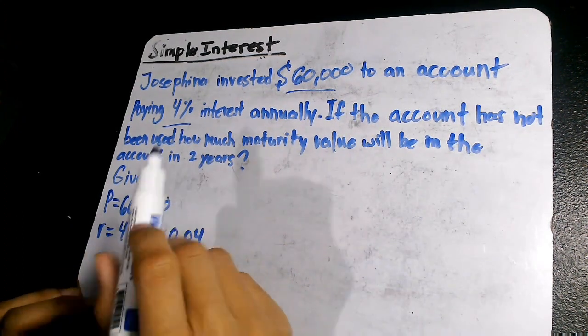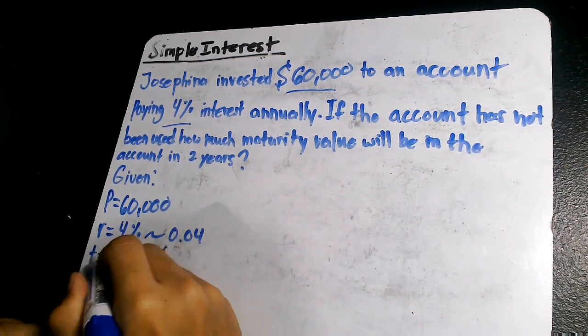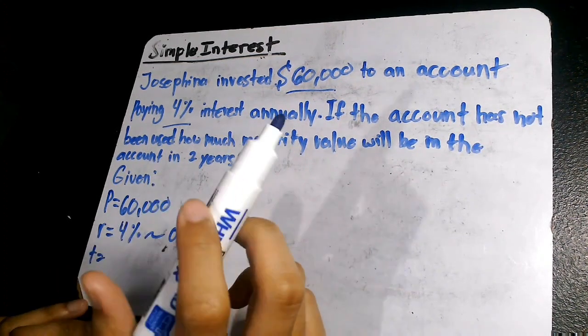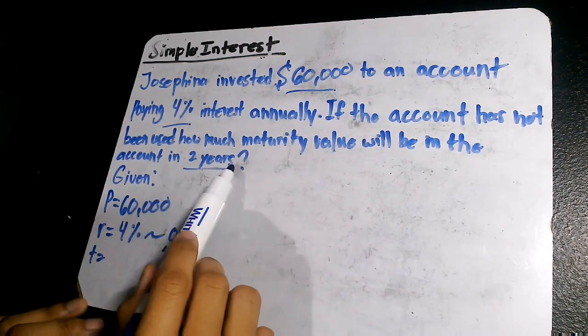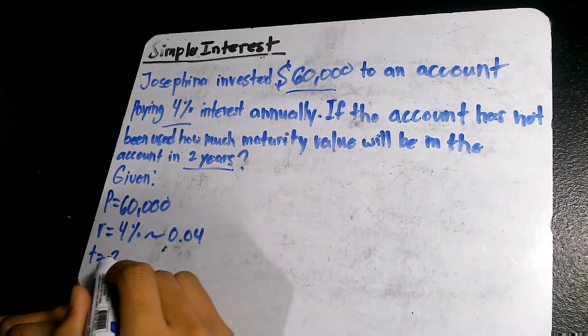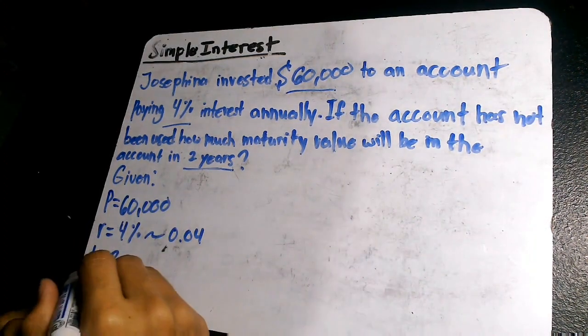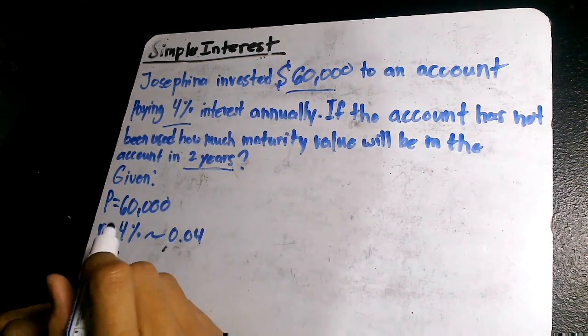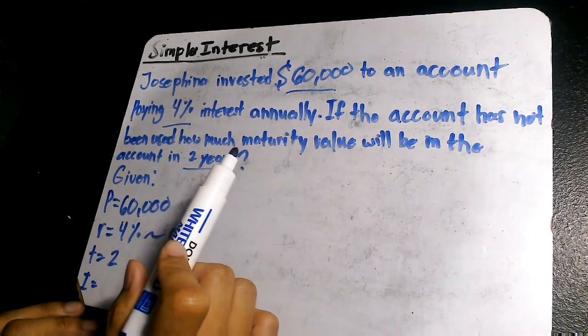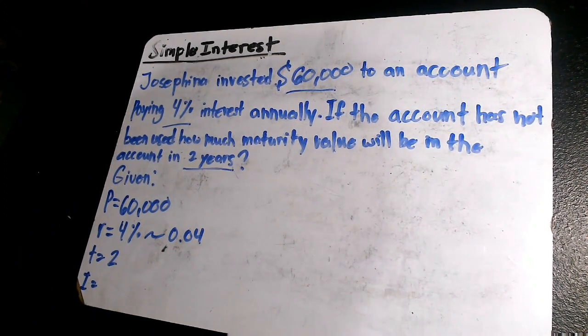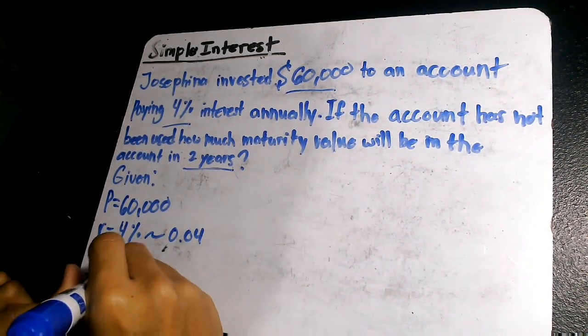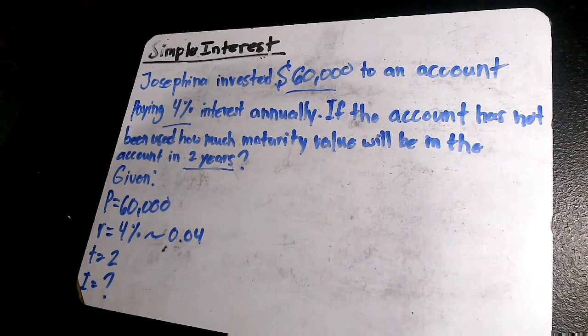And now, we need to look for T, which is time. It says here, 2 years. So we will write here 2, and I, which is interest. Now, you can see that there is no interest here again, so we will look for it again. Now that we have determined that interest is missing, we can now simply choose the formula that we will use again.